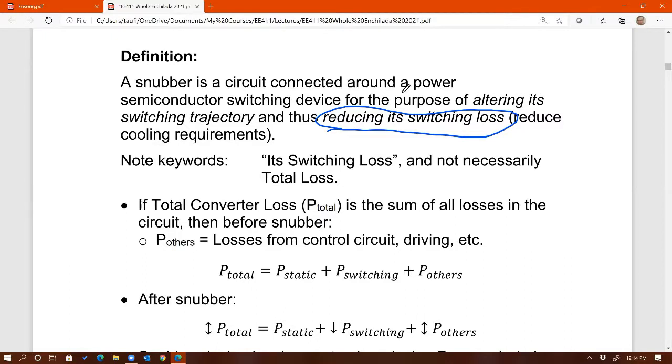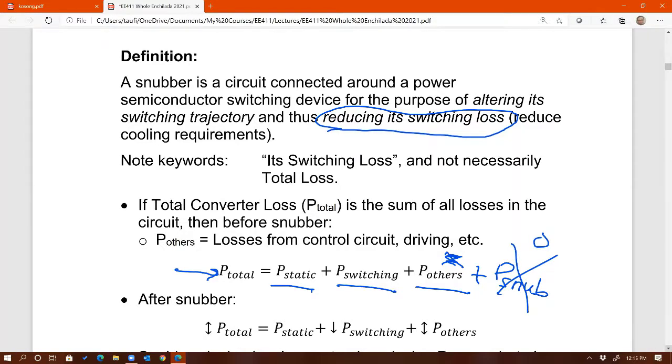In general, total loss for a converter is the static loss, switching loss, and others. That's before the snubber, and after the snubber it's going to be the same thing. Before the snubber you don't have any snubber loss here, so P snub is 0, because you don't have a snubber.